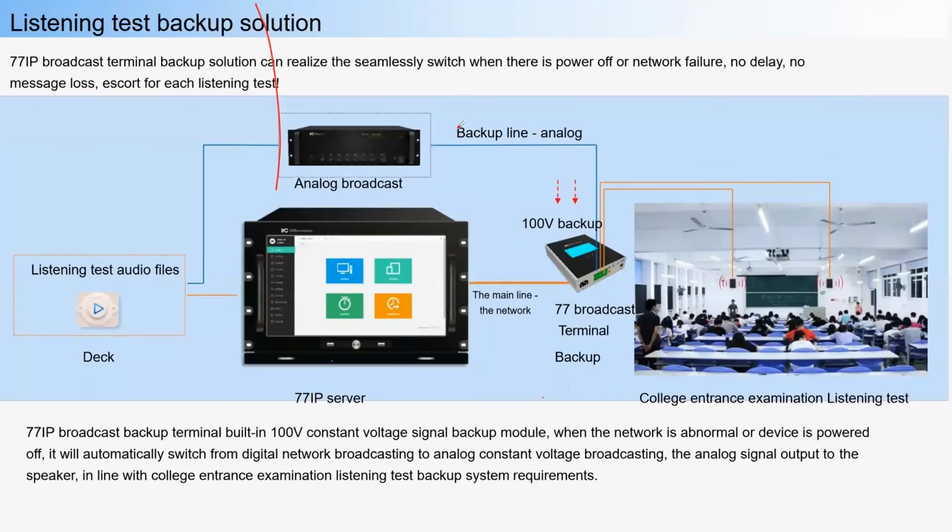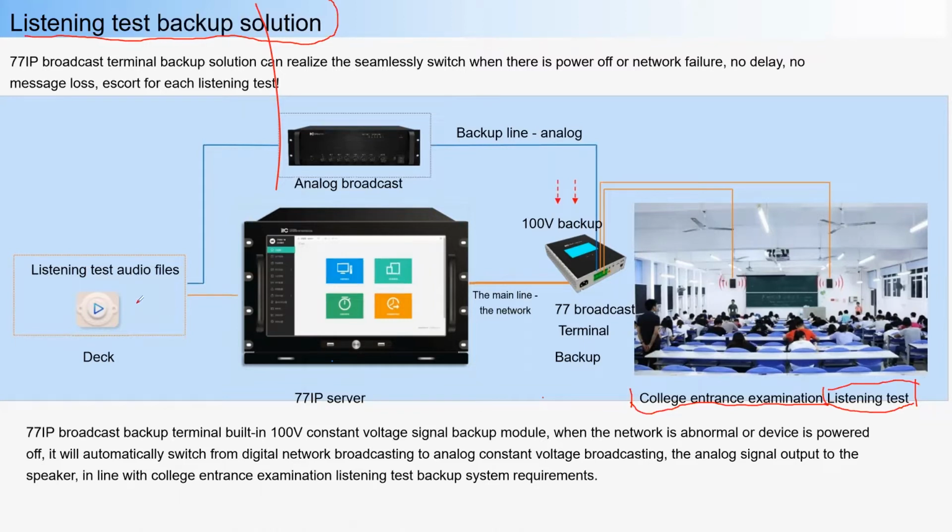Next, we have a listening test backup solution. We mostly use this kind of solution in China, because in China we have the college entrance examination, which is hugely important for students joining college. So we have made this function for the listening test.